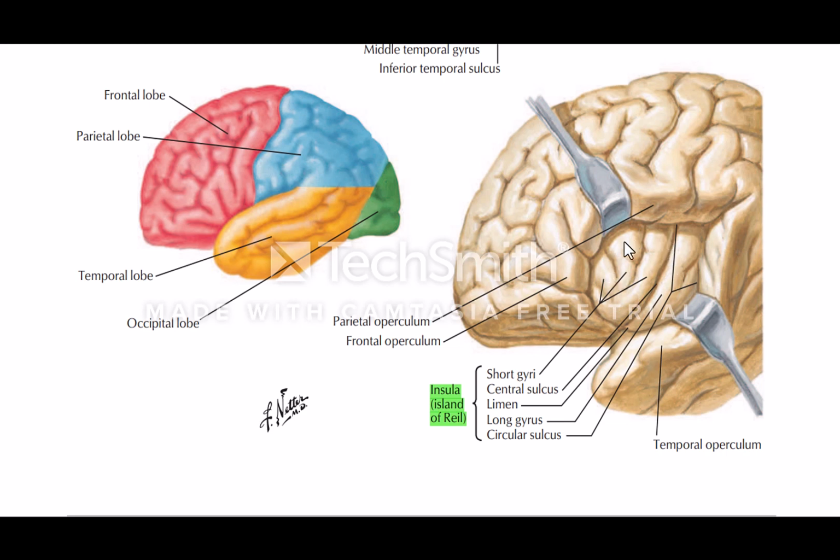The insula is also called the island of Reil. This insula is also cerebral cortex. It's just an infolded, convoluted part of the cerebral cortex that is buried underneath the inferior frontal gyrus.